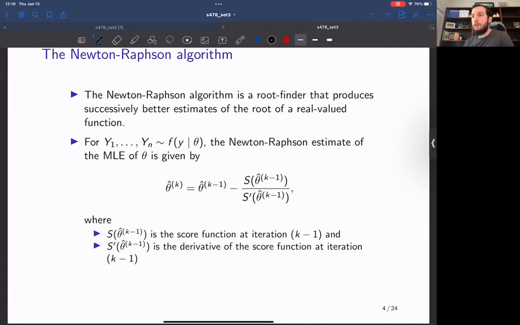Now, in the context of maximum likelihood estimation, we can write our Newton-Raphson in the general form as theta hat at iteration k.